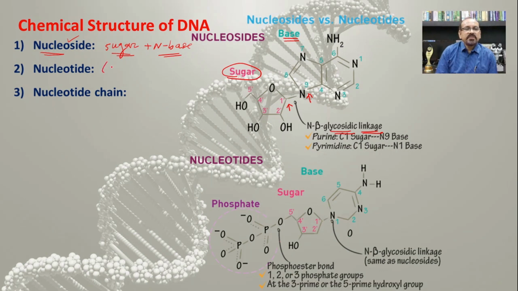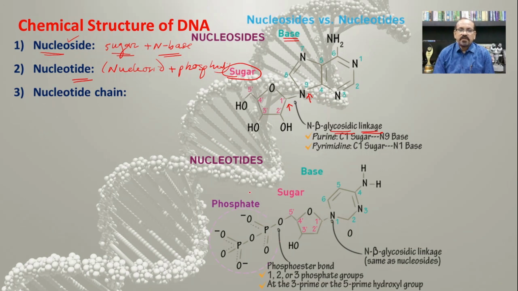But when this nucleoside is added with one phosphate in the form of phosphoric acid, then there will be the formation of a nucleotide.